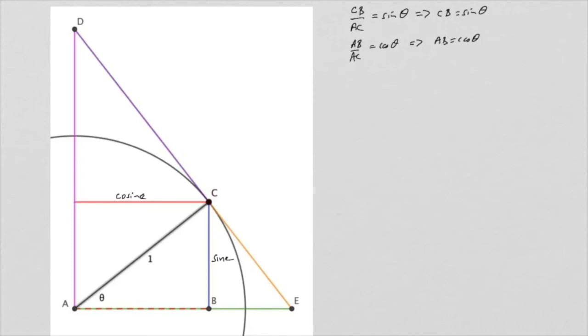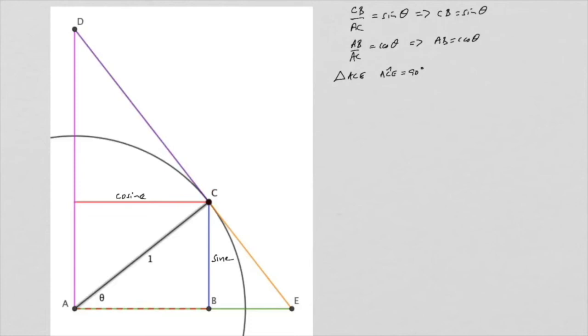Okay, now we're going to consider the triangle ACE. Now that has a right angle at C, so the angle ACE is 90 degrees, and that means that CE is the opposite in this triangle and AC is the adjacent.